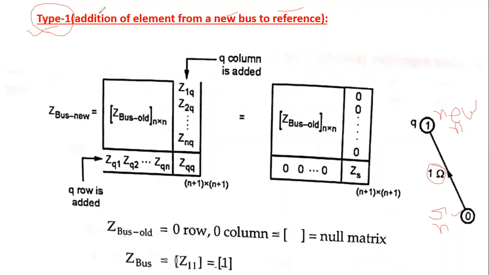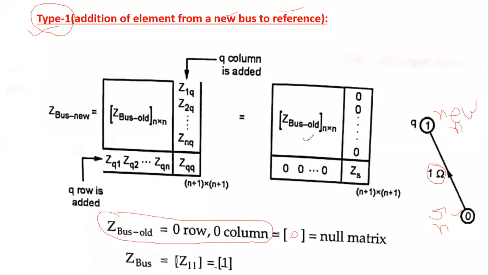The formula for the type 1 modification is ZBus new equal to 0, 0 and ZS, where ZBus old has 0 rows and 0 columns. Therefore, that is the null matrix. In that question, there is no given ZBus old matrix, therefore it is taken as 0, the null matrix.